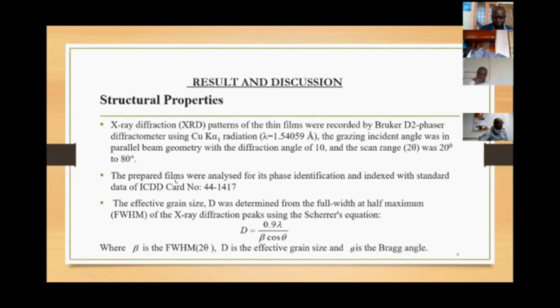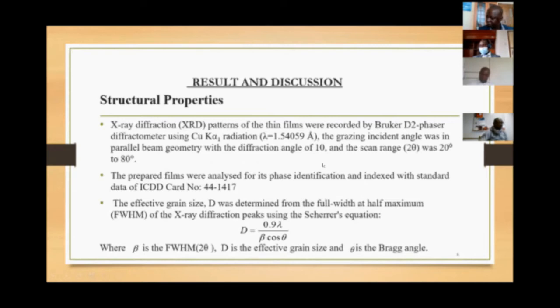The patterns were indexed with standard card 44-1417, and the effective grain size was calculated using Scherrer's equation.